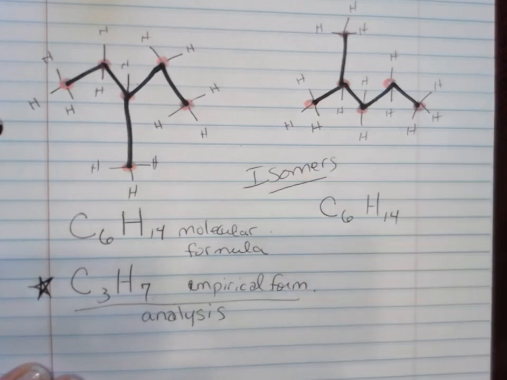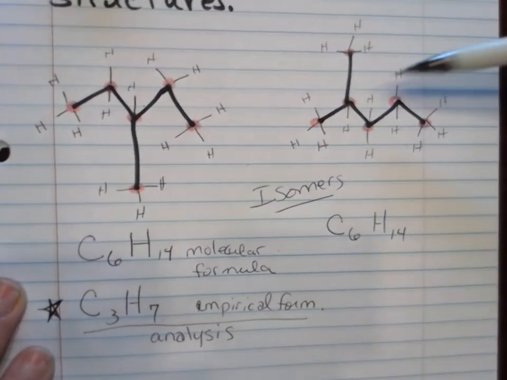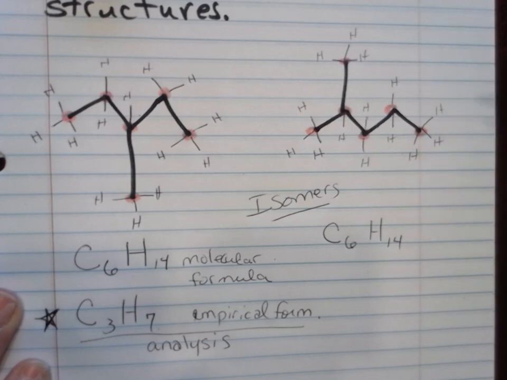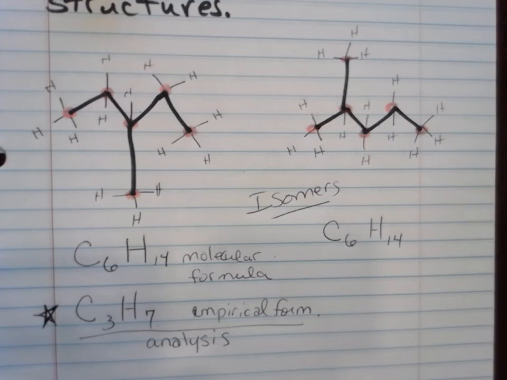Now, they have different structural formulas, meaning that they're put together in different ways. And the way that they're put together means everything, because the shape of the molecule determines how something is going to behave, how something is going to react with something else. They can't have conversations, so they can only do what they do by means of what their shape will allow them to do.